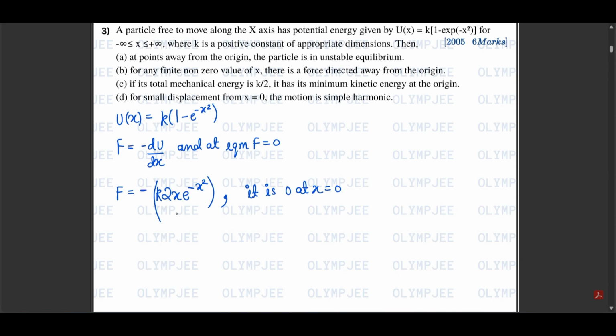If we put x is equal to 0, then this force will become equal to 0, and I don't think at any other point you will get an equilibrium point. So hence x is equal to 0 is a point of equilibrium, right? Because at equilibrium force is equal to 0, and at x is equal to 0 force is equal to 0. So x is equal to 0 is a point of equilibrium.